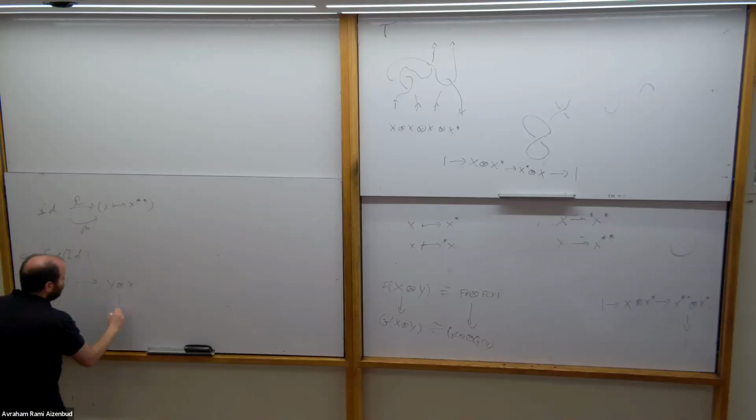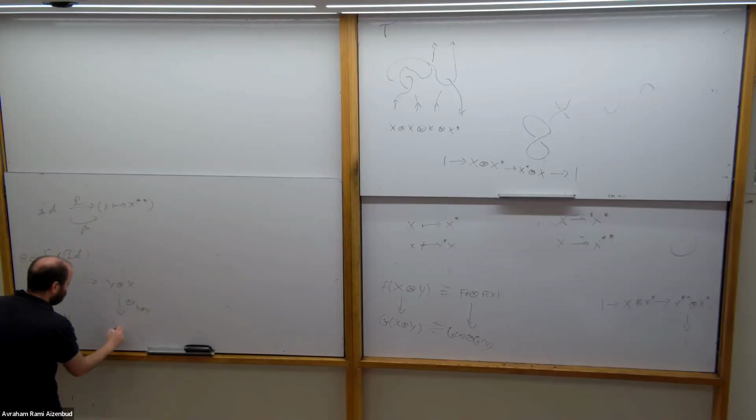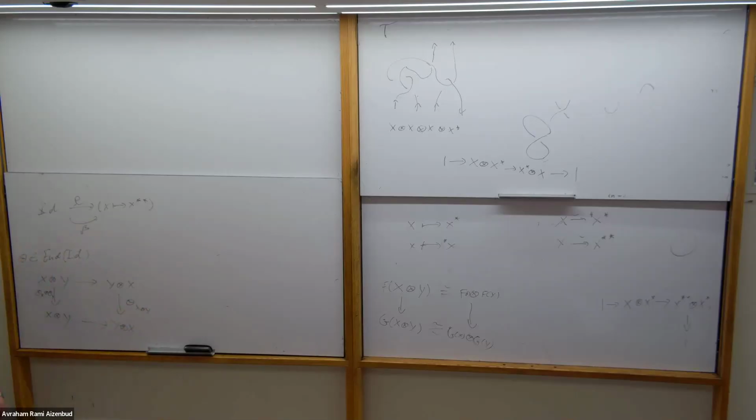And here we can write theta x tensor y. And here, again, y tensor x. Up to, maybe I confuse these two, but I hope not. And this diagram should be commutative.